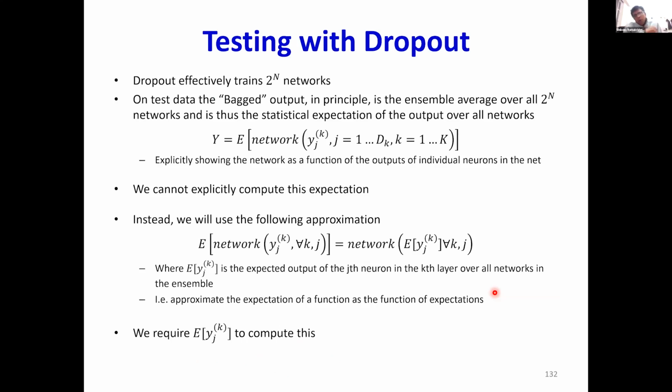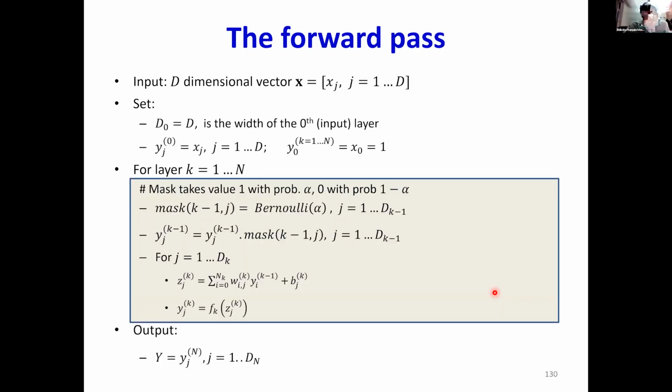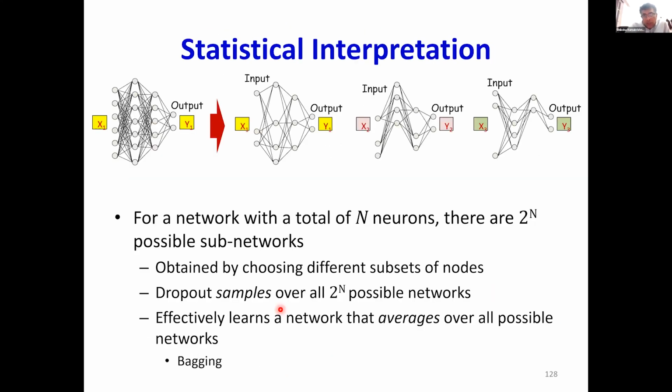So now, what about evaluation? When you're evaluating things, remember what you're actually learning here is 2 raised to n networks. Not independent, but shared parameter networks, right? You're implicitly learning all 2 raised to n networks. So when you perform classification, what should you be doing?